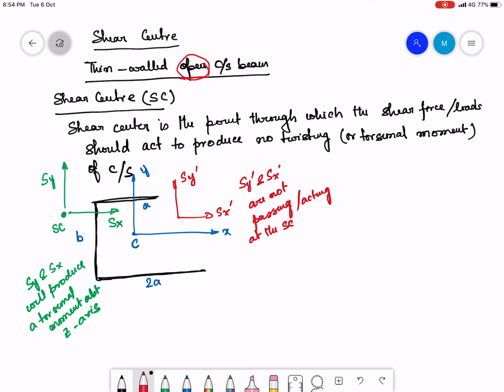So now the idea is that in reality it is not necessary that the shear forces acting on the beam are going to pass through the shear center.